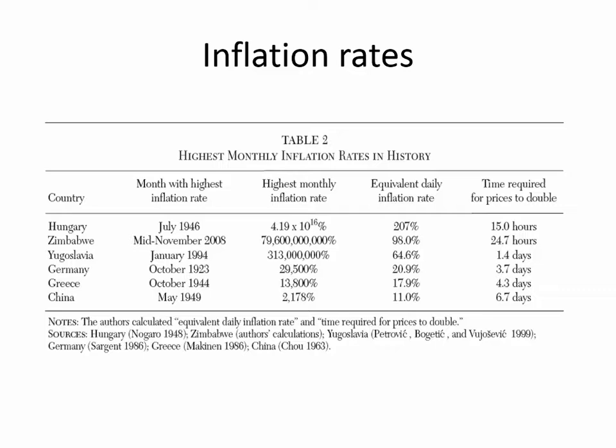Equivalent daily rate 207%, and it took about 15 hours for prices to double. The most famous recent example was Zimbabwe. They had hyperinflation. Yugoslavia also after the Balkan troubles, the breakup of Yugoslavia, the Serbian conflict. Germany after World War One, Greece after World War Two, China after the glorious People's Revolution.